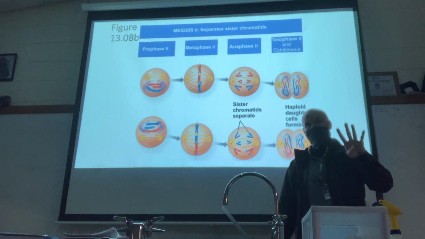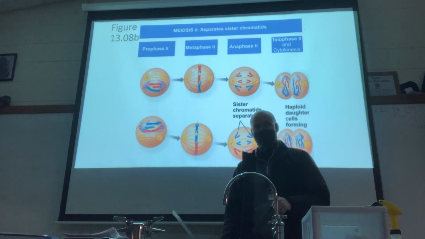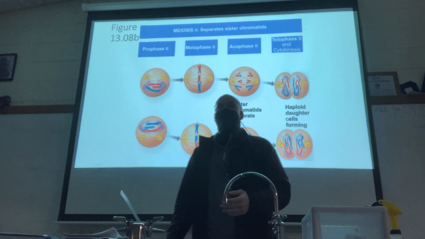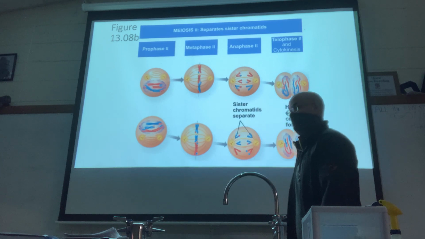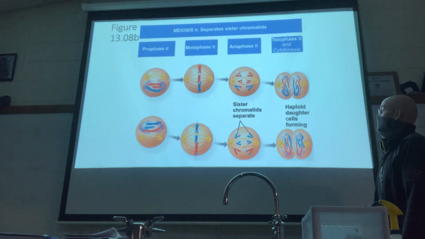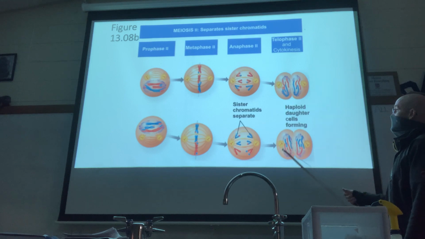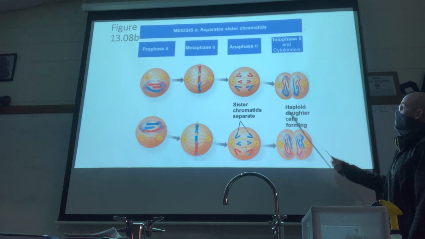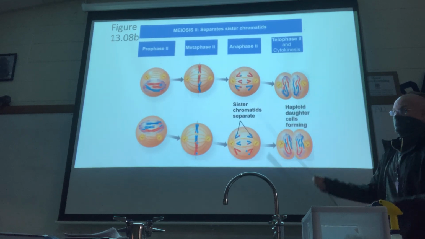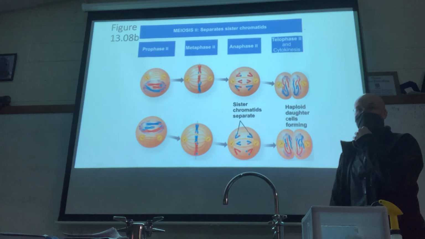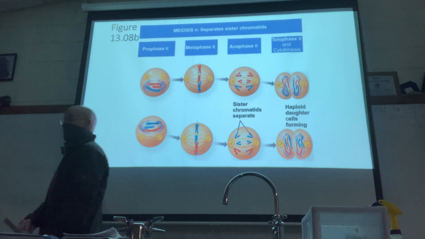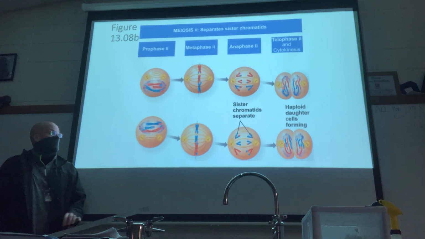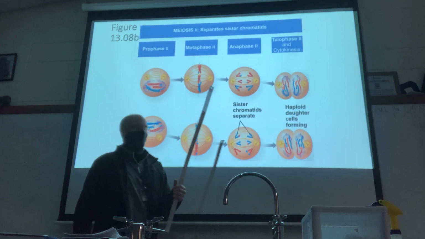Now we're down to 4 cells that have half that number, or 3. So meiosis cuts the number in half. So we are ending meiosis with 4 cells with half the number of chromosomes that we started with. That's awesome. It is awesome. Thank you for saying that.